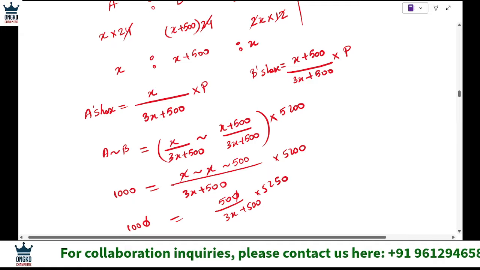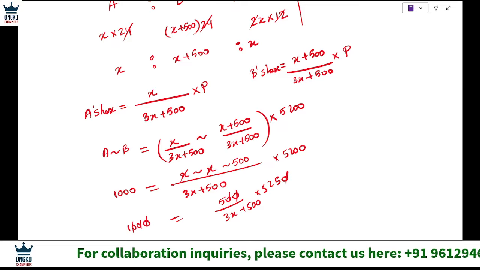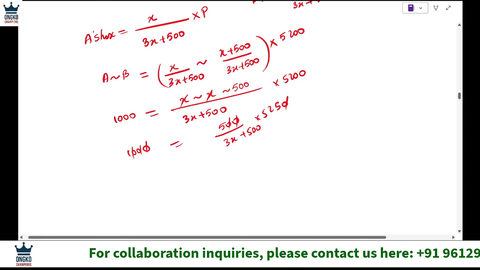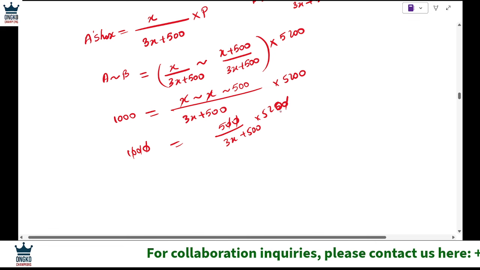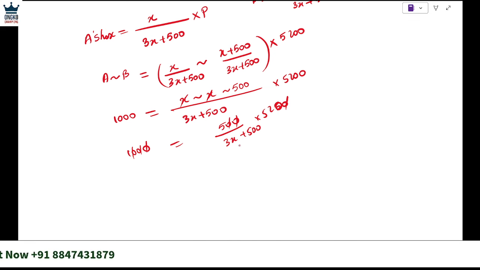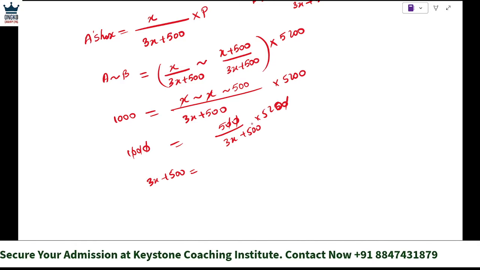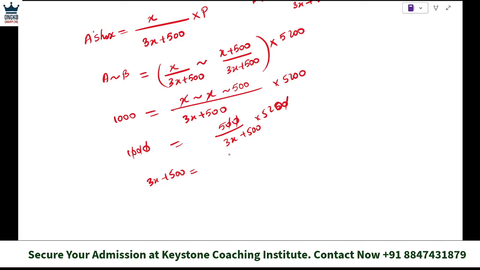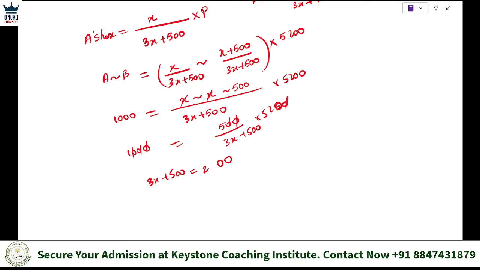So the zeros cancel. This should be 0 because 5200, right? So now cross multiply: 3x plus 500 is equal to 5 how much times? 0 times 0, 5 twos are 10, 1 carried, 5 fives are 25, 26, so 2600.